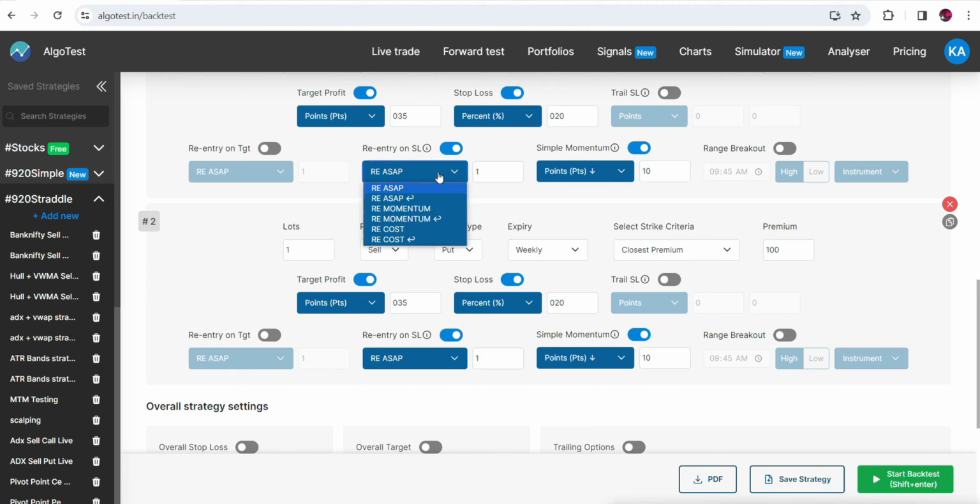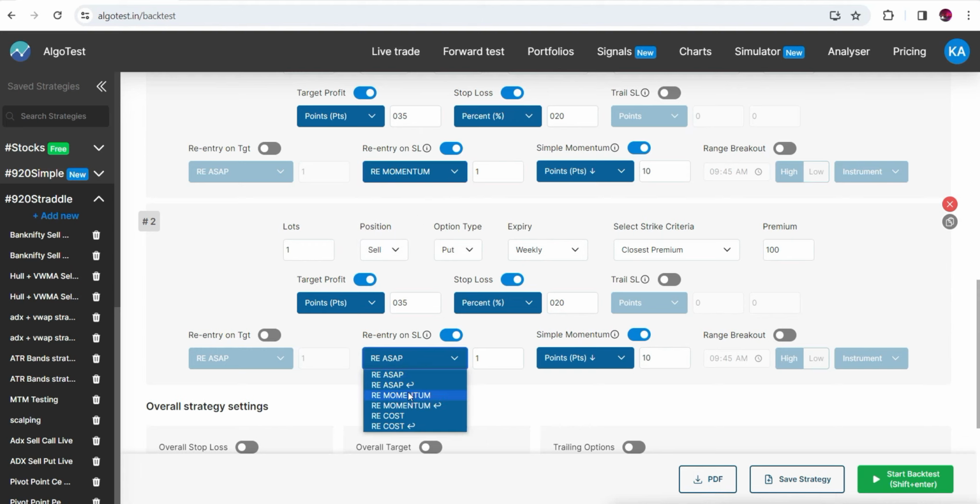I have explained re-entry ASAP, reverse and recost reverse in our previous video, that is part two. I will discuss re-momentum today. So if we select re-momentum, how does it work?